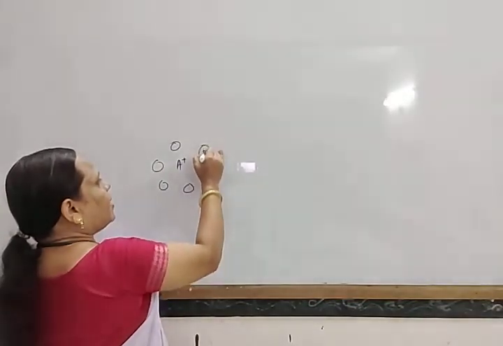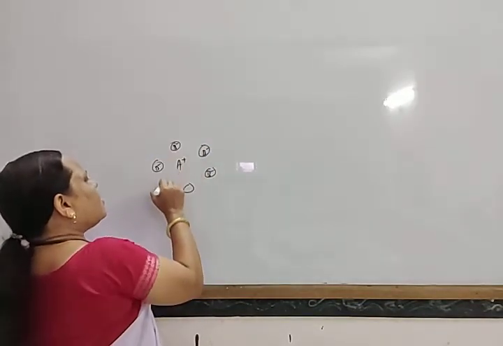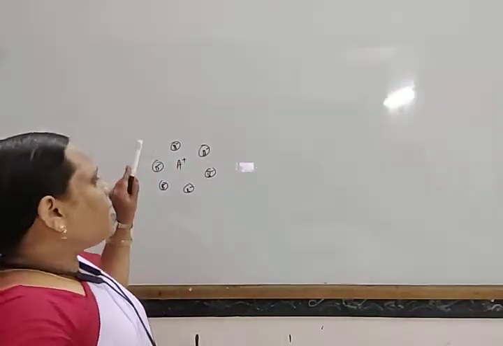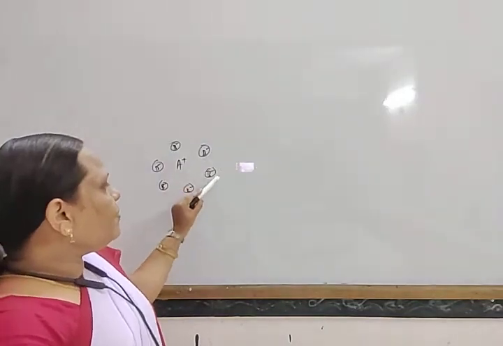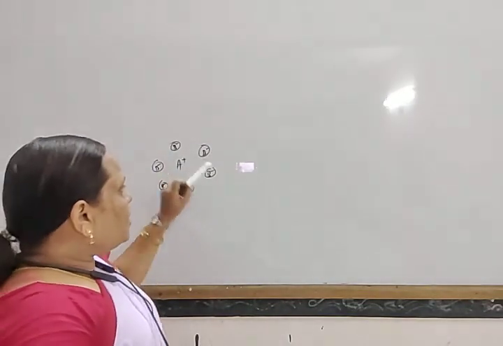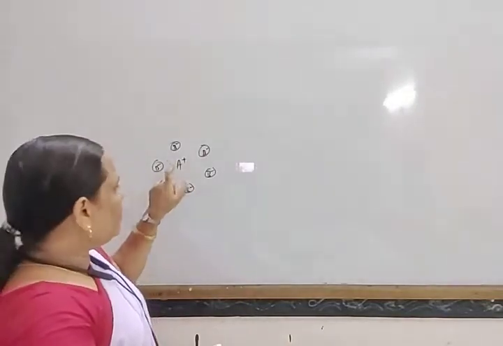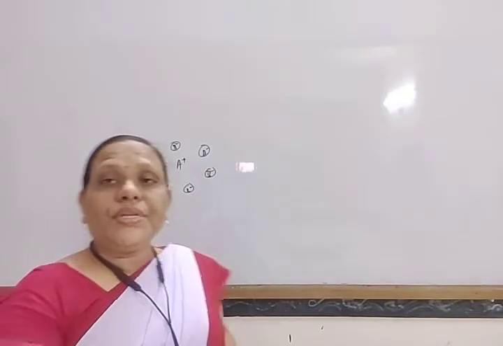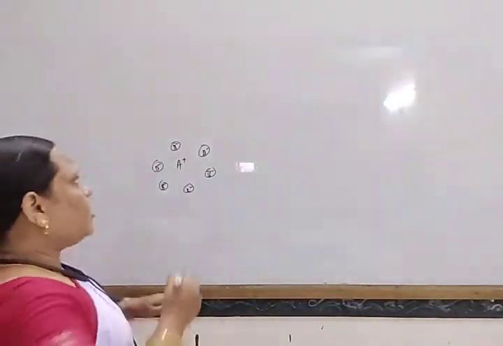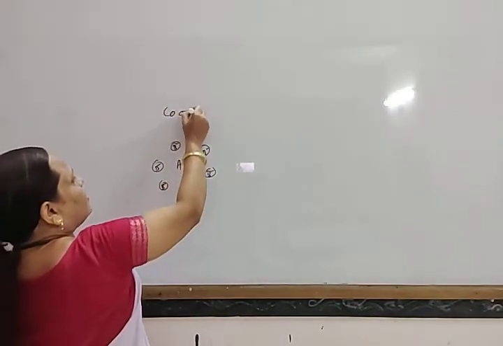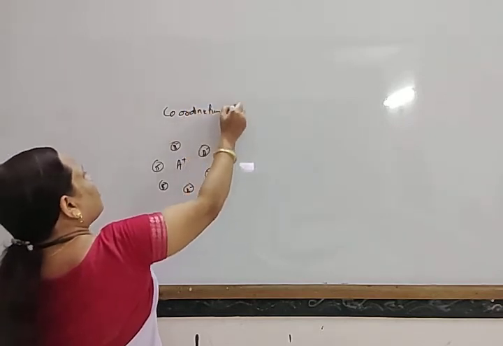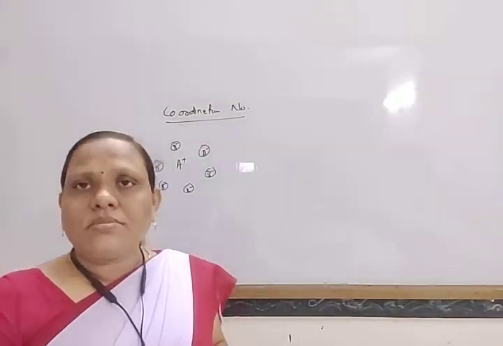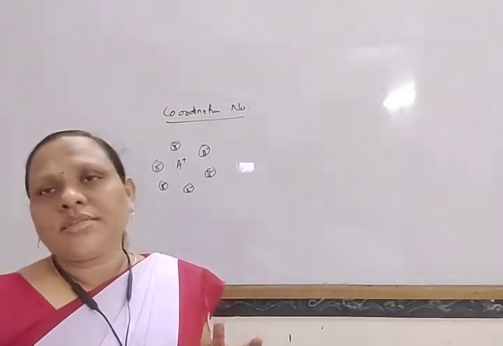Suppose this is surrounded by B minus ions. So the number of oppositely charged ions surrounding a particular cation, or how many negatively charged ions surround a particular cation, or how many cations surround a particular anion, that is known as its coordination number. And this coordination number depends on radius ratio.